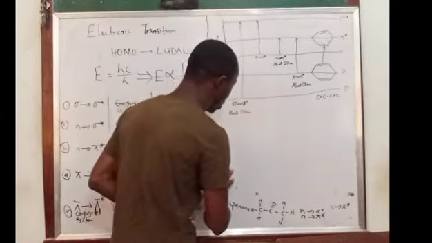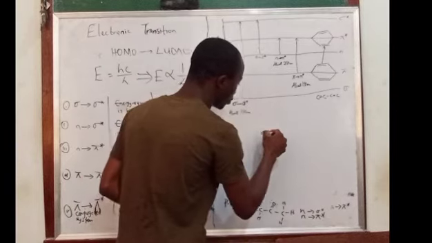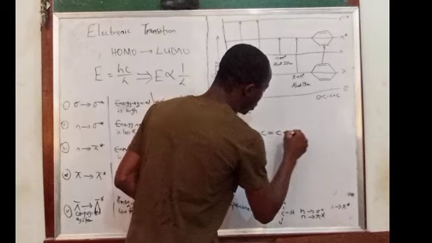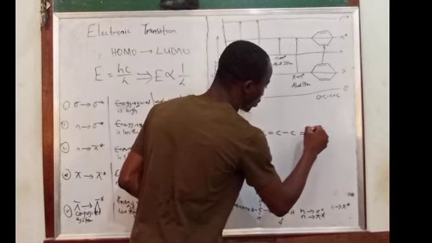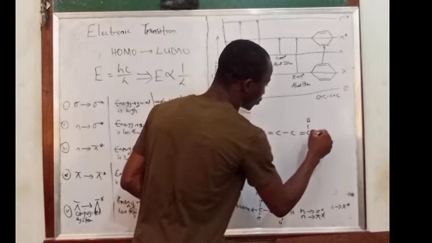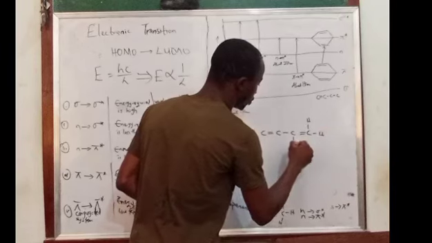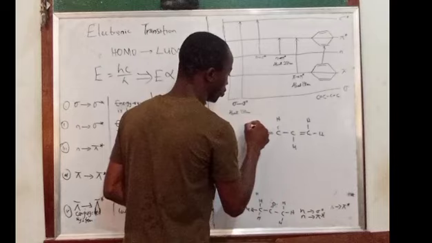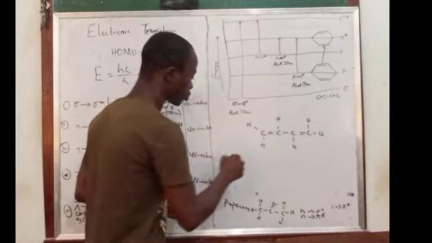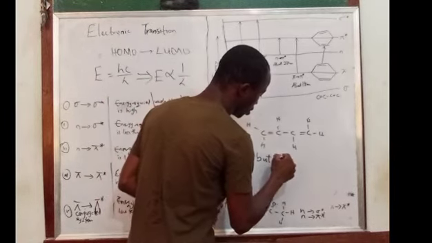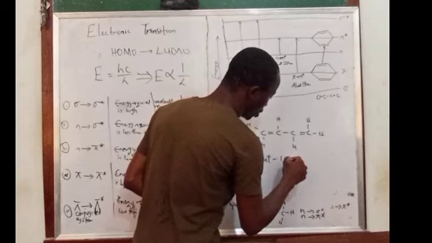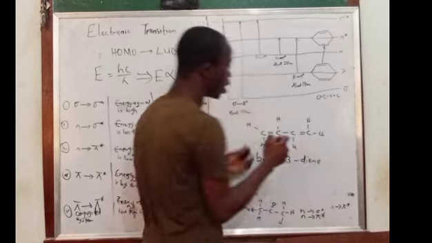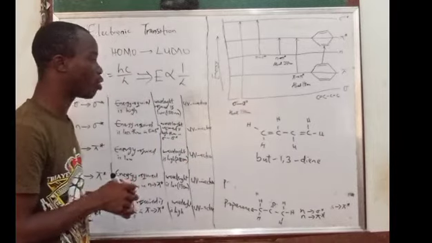Let's look at this compound. This is a 1,3-diene.